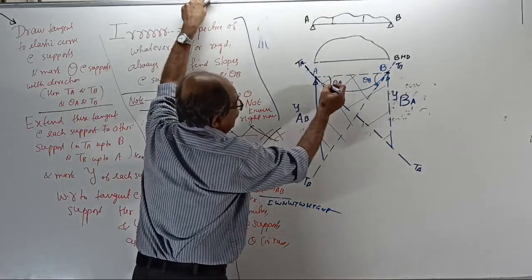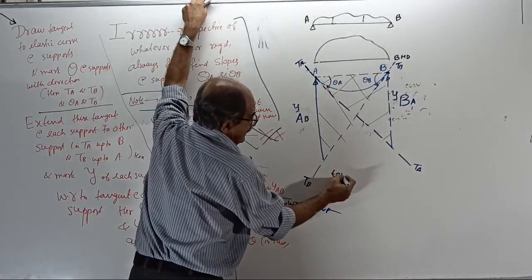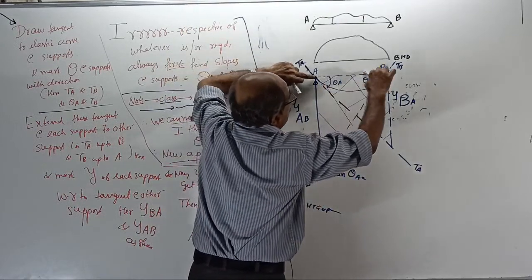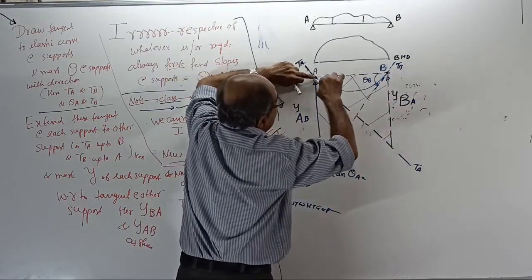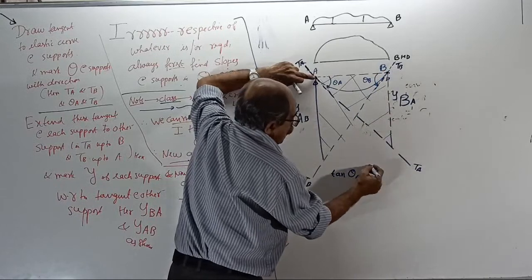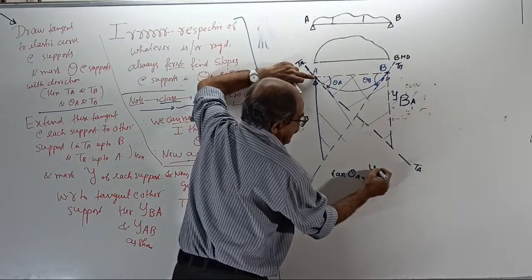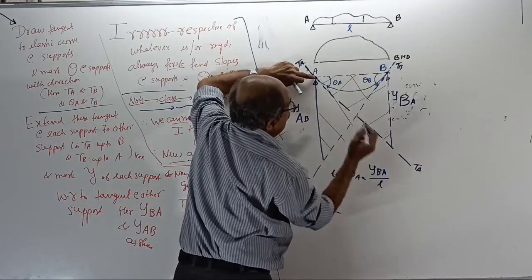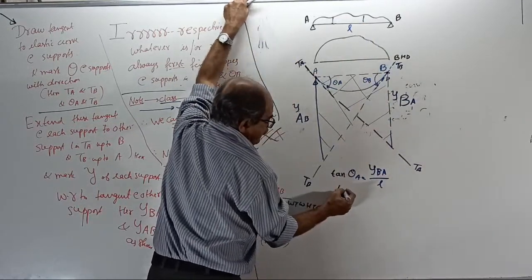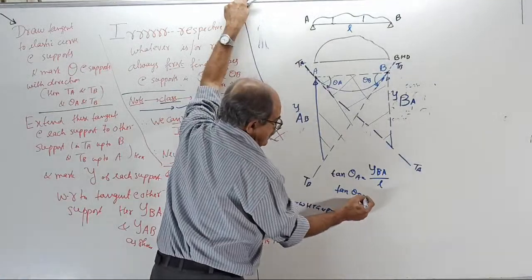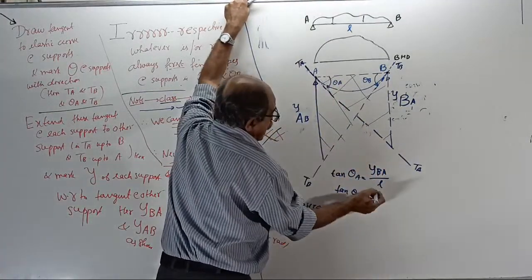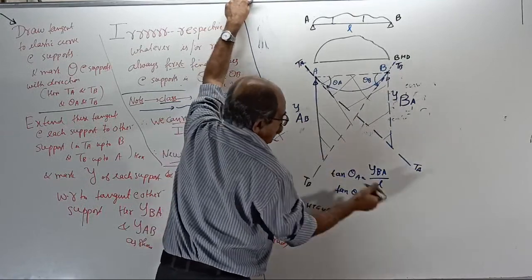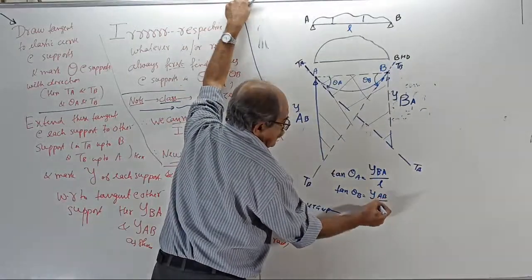If I mark this theta A, tan of theta A equals, in this triangle, y of B with respect to A divided by the span. Whereas tan theta B, in this triangle, is y of AB divided by L.